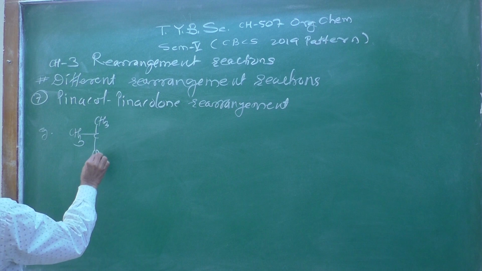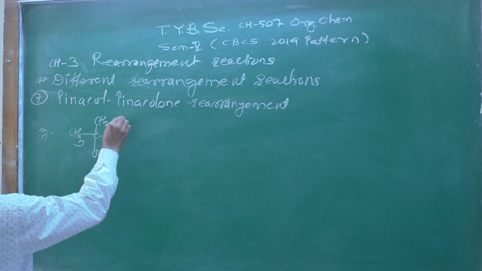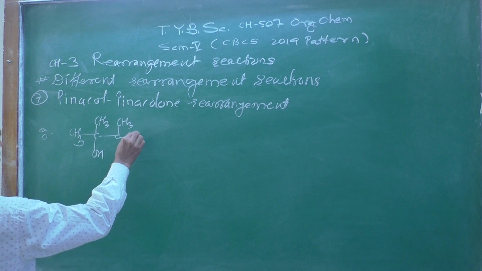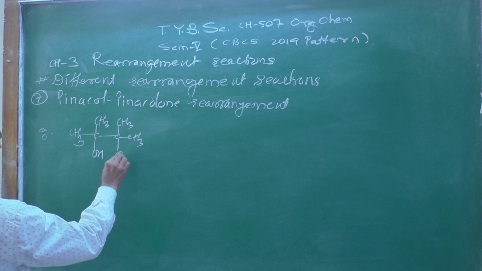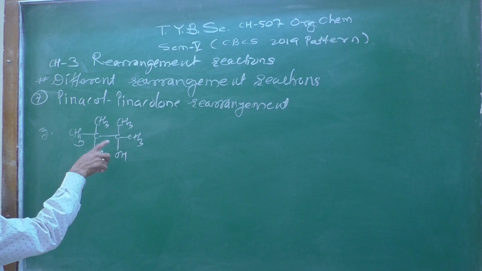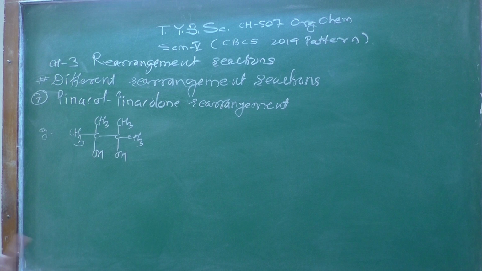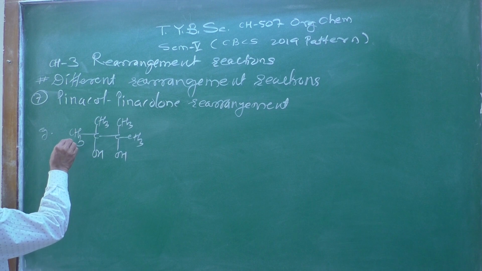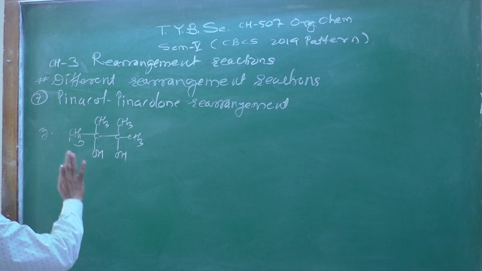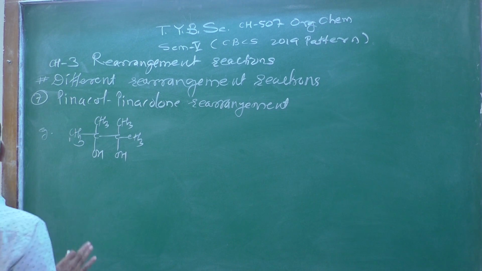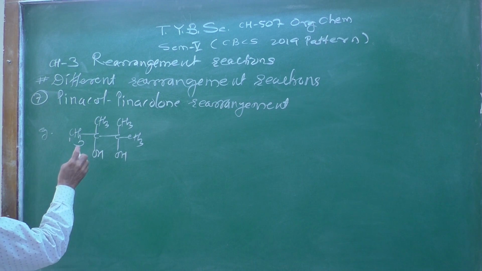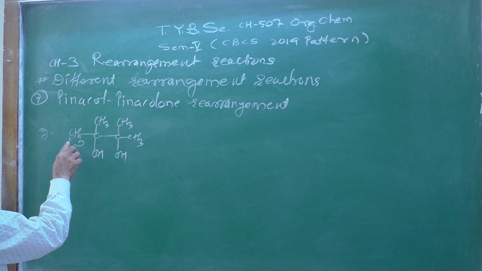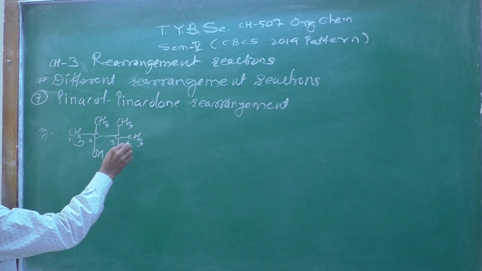For example, they have taken the simplest example, a vicinal diol: CH3, CH3 with OH, and here also CH3, CH3 and OH. It is at the 1 and 2 positions, there is a diol, hydroxyl groups are present, so it is called a vicinal diol. If you see the IUPAC name of this compound, you can observe carbons 1, 2, 3 and 4.